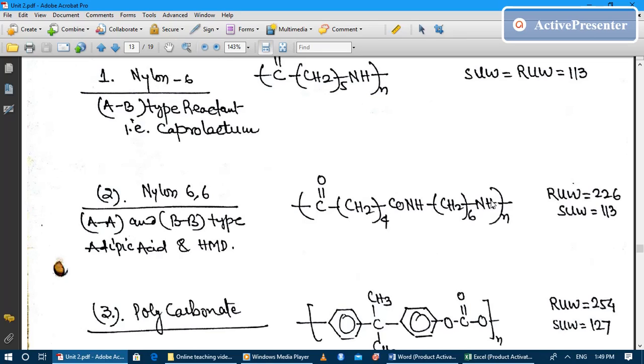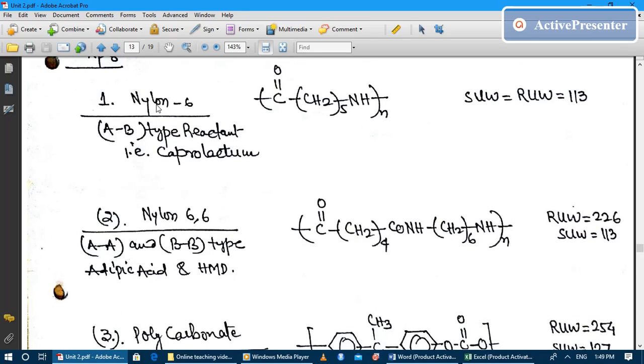So what is the point you should keep in mind? You should know which particular polymer is going to be polymerized from which type of monomers. When I ask you nylon 6, you should understand this is polymerized from the AB type of monomer known as caprolactam.